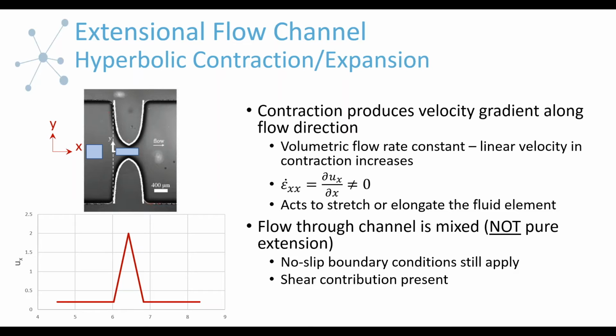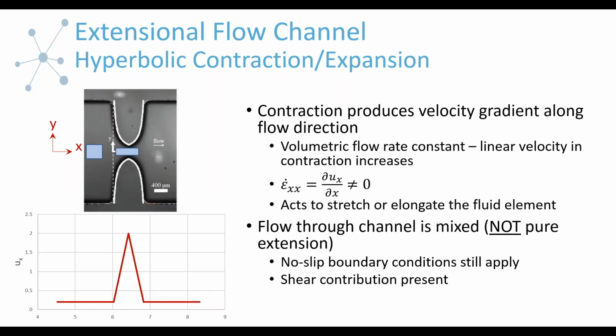So I also want to point out that our system in reality is not a pure extension. And the reason this is the case is that you're still pumping the fluid through this flow channel that has no slip boundary conditions. So the no slip boundary conditions still apply. That means you're still going to have velocity gradients that are going to be perpendicular to the flow field, and you're still going to be generating some shearing. So there's still a shear contribution present.